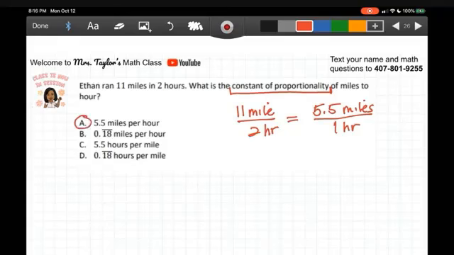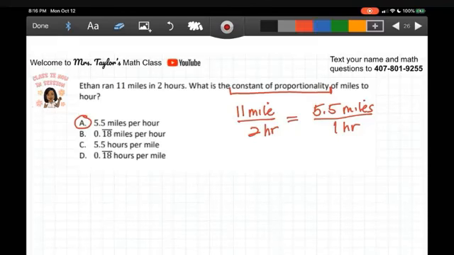Constant of proportionality. So if he goes 5 hours, you say, well, how far does he run? You say 5.5 times 5, and you'll get how far Ethan ran in 5 hours. That's all.